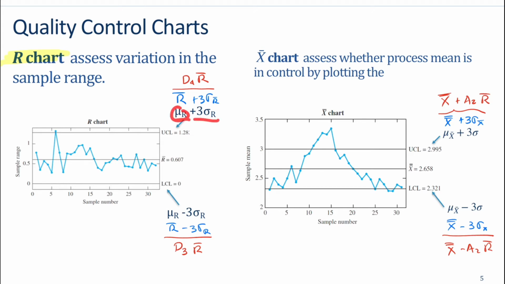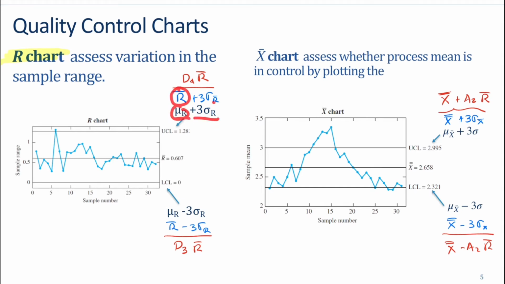The mean of R is just R bar, so R bar plus 3 sigma is approximated with the constant D4 multiplied by R bar. In the same way, the lower control limit, which is the mean minus 3 times sigma, is approximated with the constant D3 multiplied by R bar.